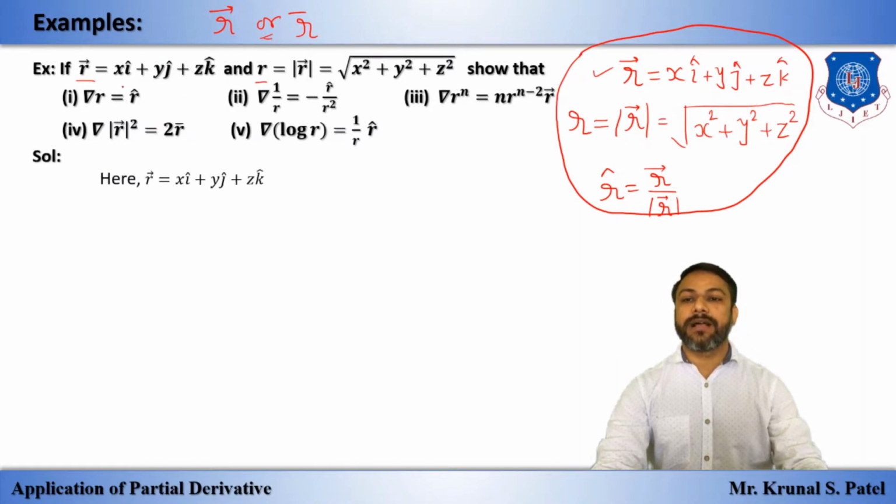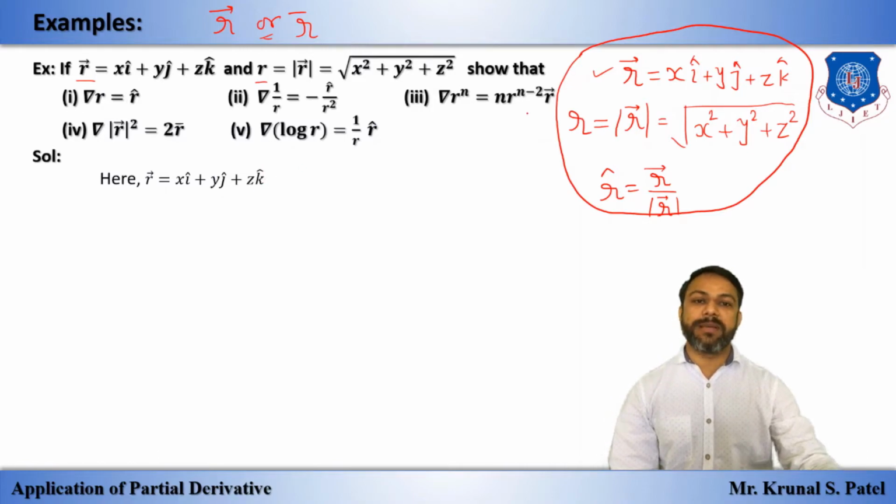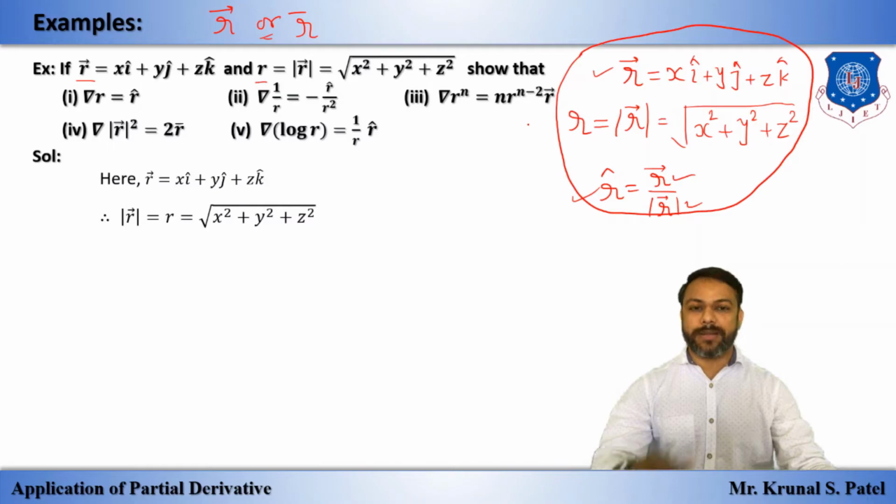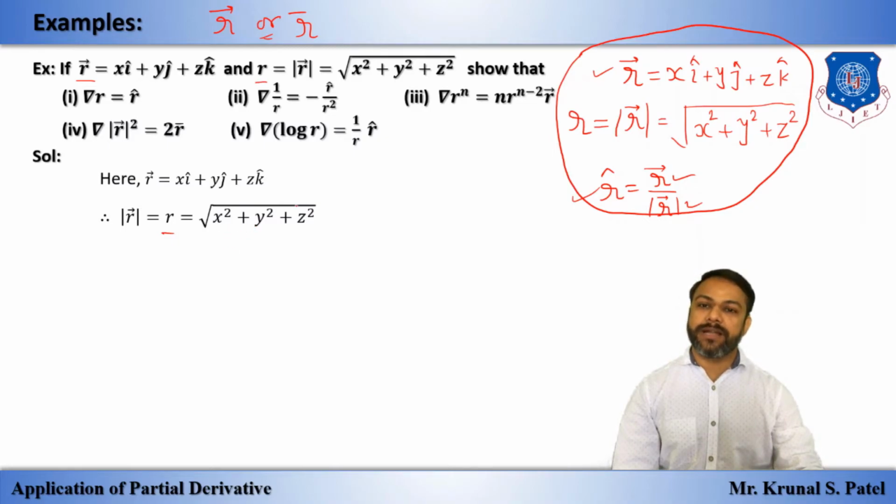Vector r is given, and now we have the basic concept, magnitude of any vector, and how to find unit vector. Unit vector means vector divided by its magnitude. Now first we will find mod r. Mod r means magnitude of r, which is written as small r only, and which is given by under root of x square plus y square plus z square.